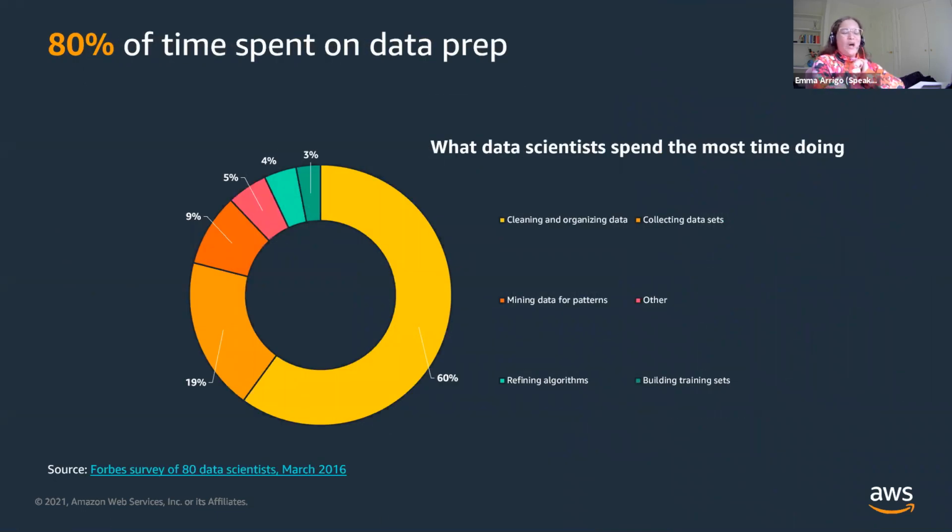This is a very commonly quoted statistic that 80% of data scientists' time is spent on data cleaning and gathering. And you need good data to be able to make good models. So it's a really important step as well, but it is time consuming.